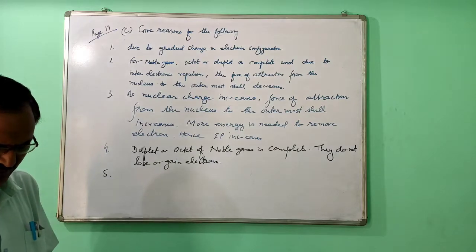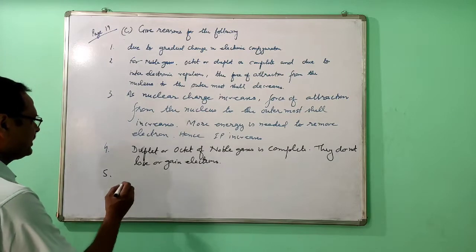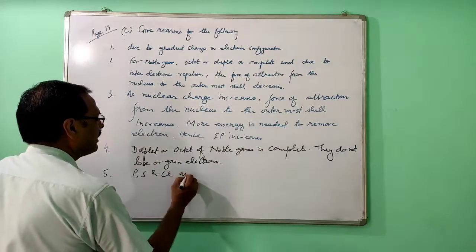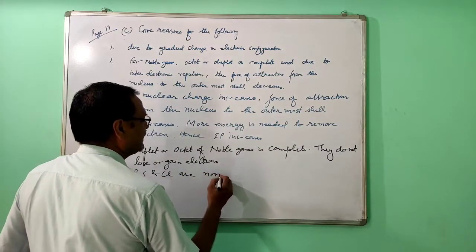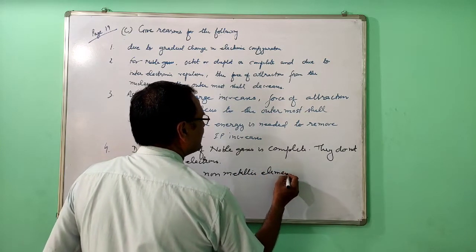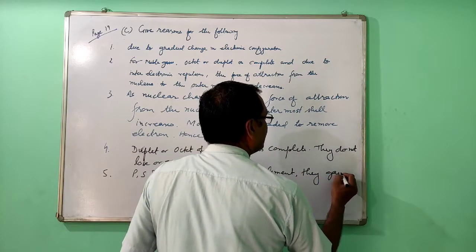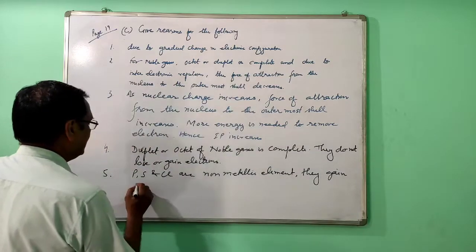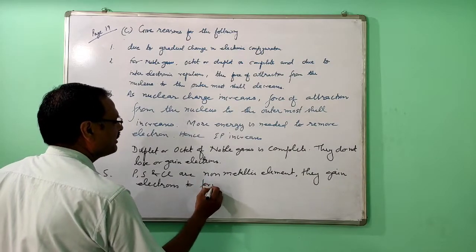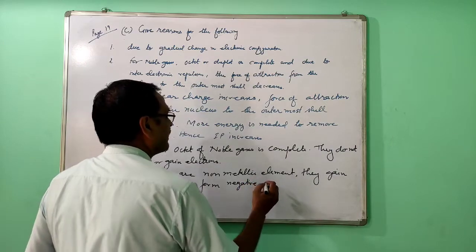Now the fifth one: phosphorus, sulfur and chlorine are electronegative elements of the periodic table, because phosphorus, sulfur and chlorine are non-metallic elements. They gain electrons to form negative ions.